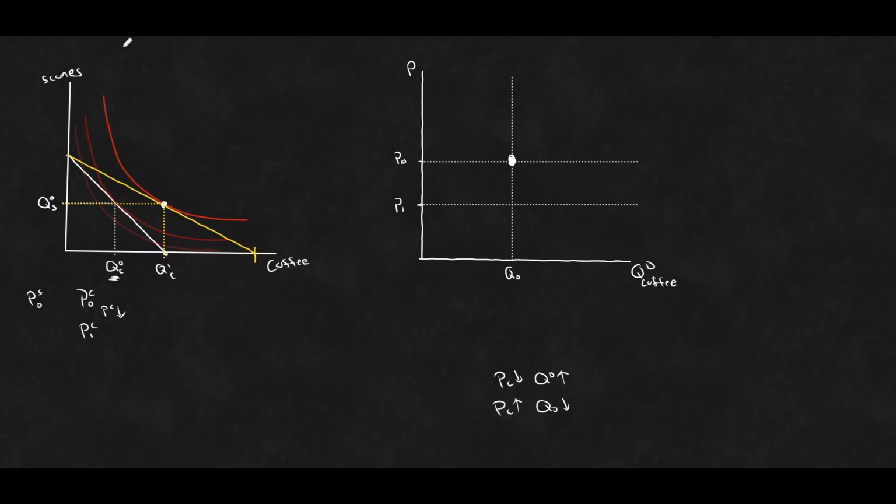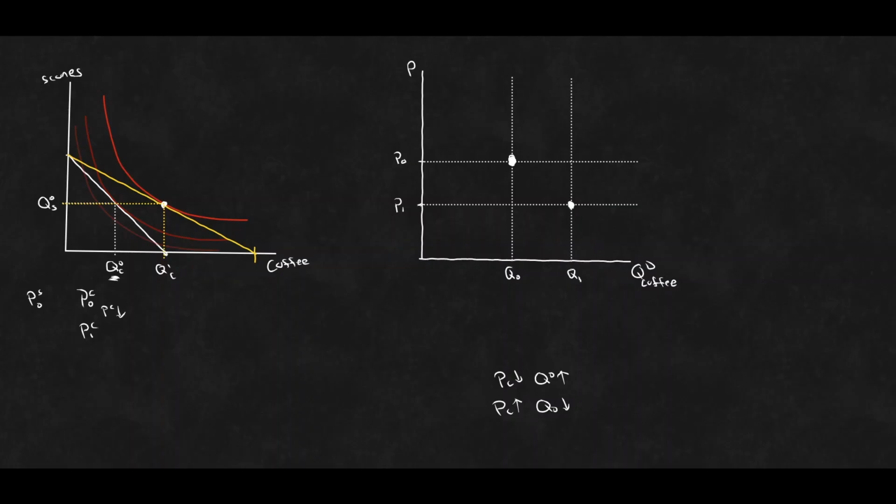Well, what that translates to is, like we said, we have this new higher quantity demanded of coffee. So this is our new Q1, the amount of coffee that we want at P1. So we find ourselves now at this point here. P1, Q1 combination. There we go. That is our new point that we find ourselves at.